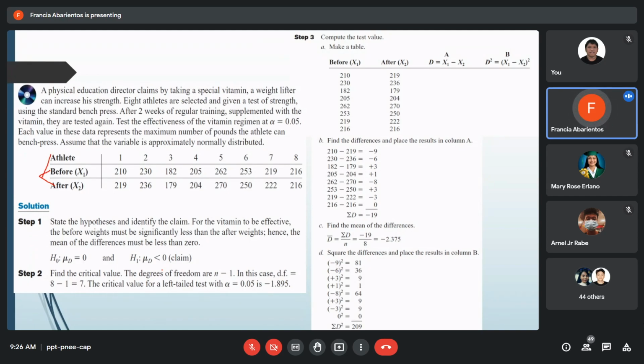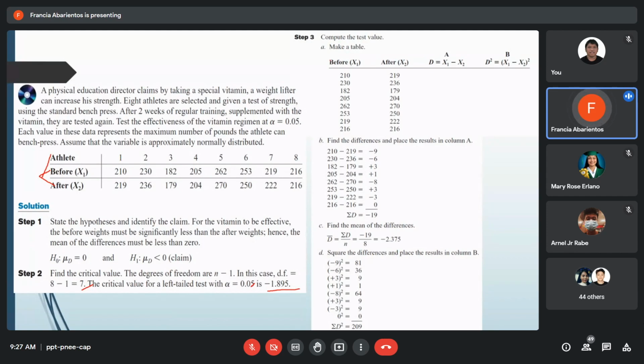Yun yung gusto nating patunayan. Less than 0. So, hanapin muna natin yung sa table, yung degree of freedom natin. Since sa sample is 8 minus 1, we have 7. And this will fall under the left-tail test with an alpha of 0.05. So, ito na yung value. Sa table to, class, ha?